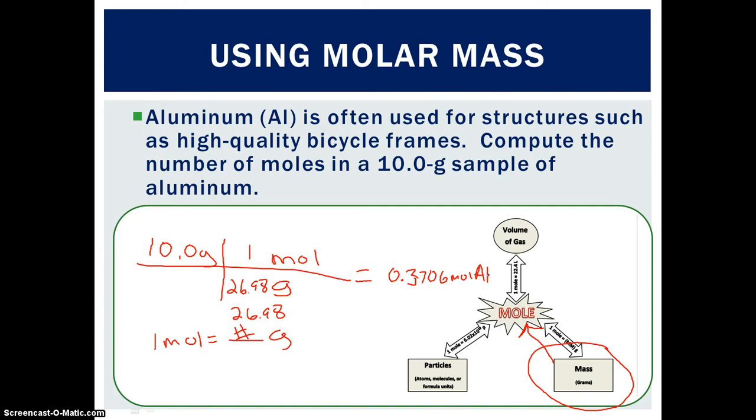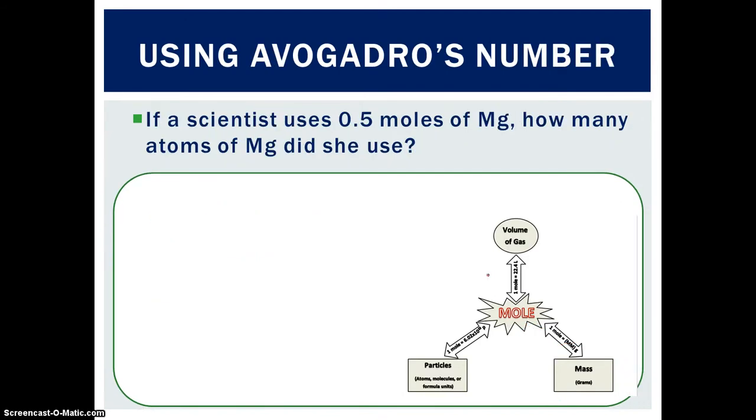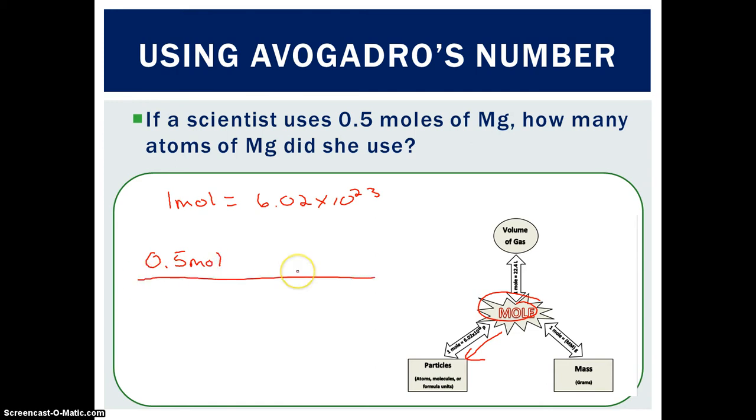Alright, let's do another example. If we have moles now, 0.5 moles, and we want to know how many atoms, so moles to particles, atoms. My conversion factor is Avogadro's number. Okay, now I write what I'm starting with, 0.5 moles. Moles, if I'm converting from it, should go in the opposite corner.